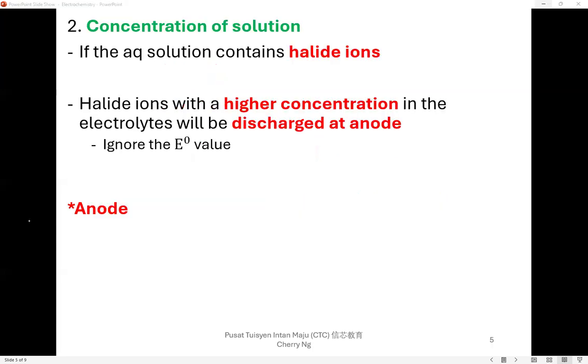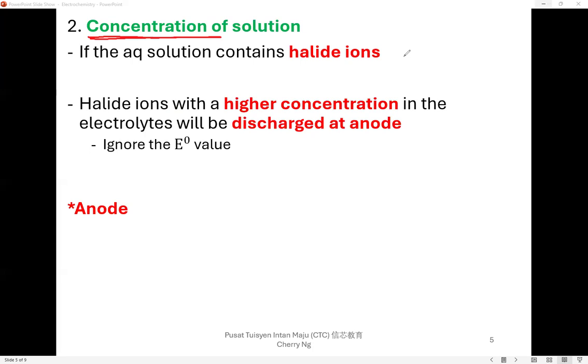So the next factor will be the concentration of solution, where this only affects the anions. So concentration. They always mention concentrated halide ion. If they mention concentrated halide ions, then we have to discharge halide ions because they have higher concentration in the electrolytes.